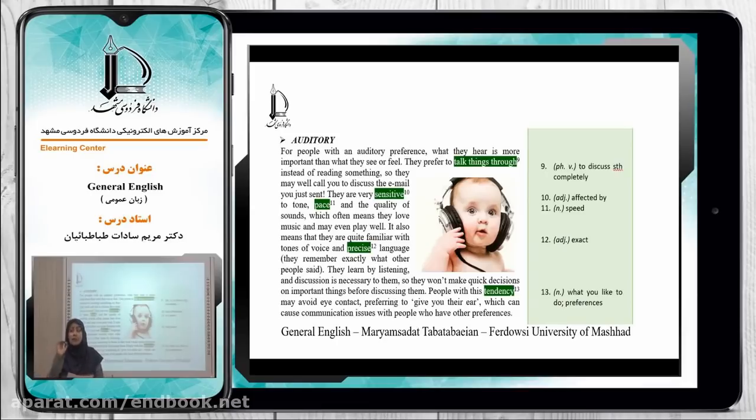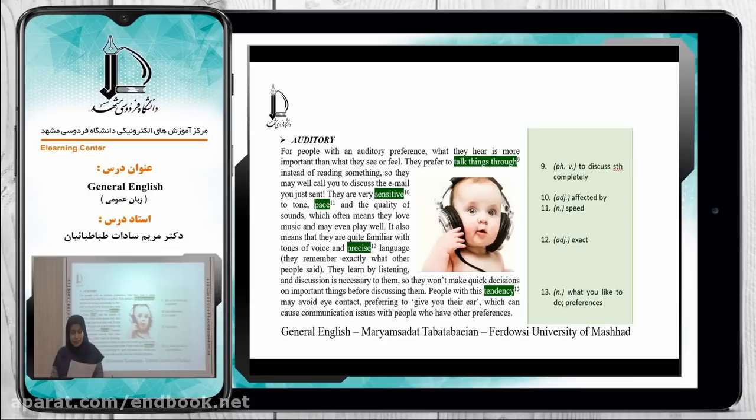And they remember the things they hear very well. They learn by listening and talking about things to other people. Again, because when other people are talking, they hear them. So it says they won't make decisions on important things before discussing them. If they don't talk about things to other people, they cannot make decisions.